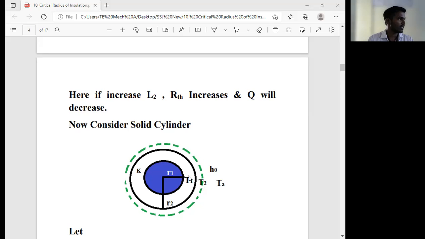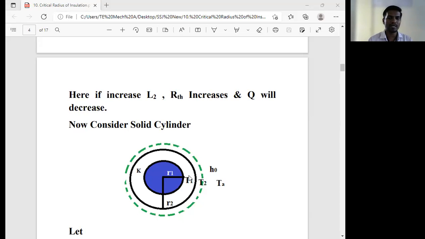The solid cylinder has temperature T1, the insulation has temperature T2, and the air outside the insulation has temperature TA, that is ambient temperature. म्हणजे त्या इन्सुलेशनच्या सराउंडिंगला एअर असणार आहे, and the temperature of the air is ambient temperature.